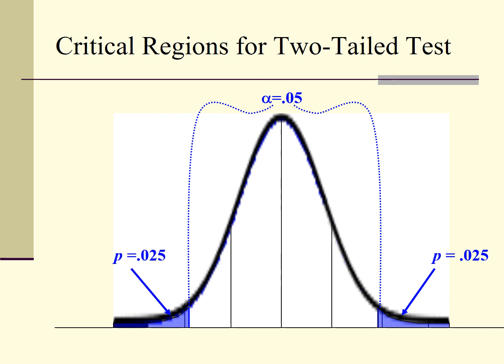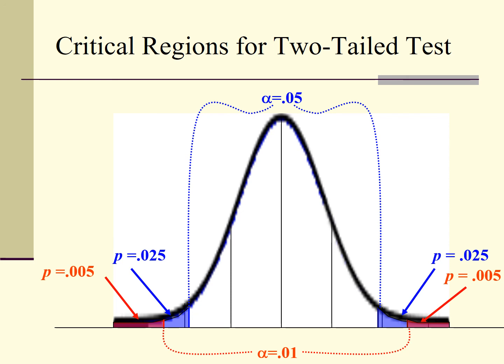At each of the tails, P is 0.025, that is half of 0.05. Any sample that falls in any of these blue rejection regions, we should reject the null. Sometimes we use alpha of 0.01 if it is a two-tailed test. Again, 0.01 is split into two tails. At each tail, P is 0.005.